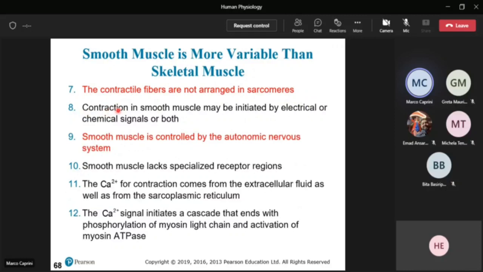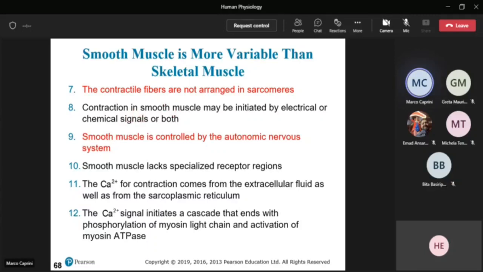Point 8. Contraction in smooth muscle cells may be initiated by electrical or chemical signals, or both. This is completely different from the skeletal muscle. The skeletal muscle can be contracted by just one mechanism, the neuromuscular junction, acetylcholine and the nicotinic receptor.